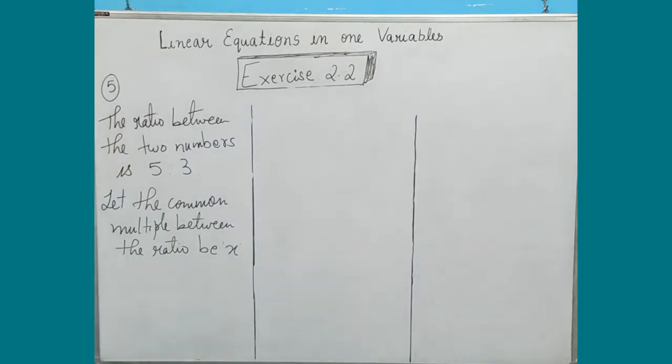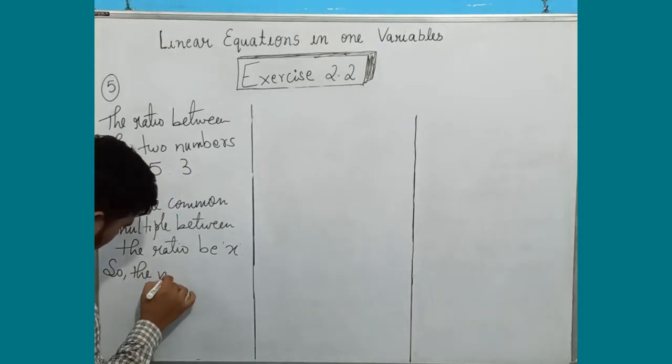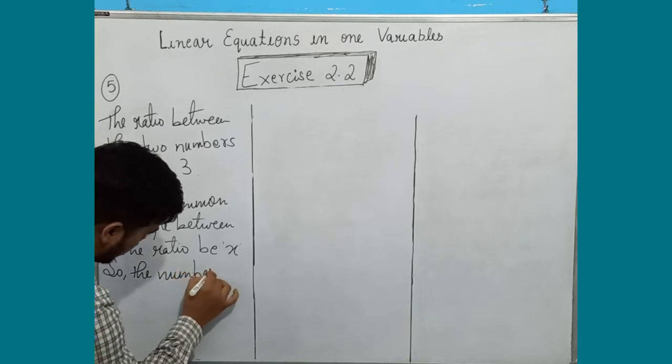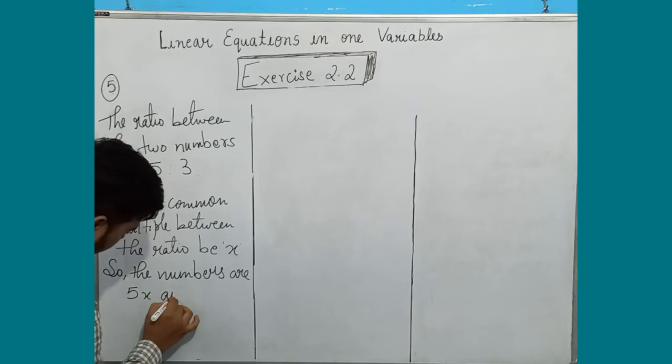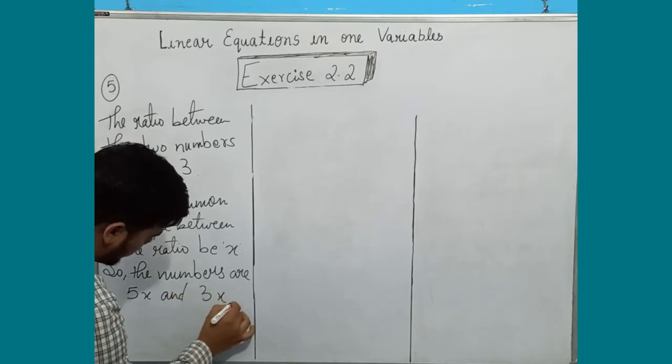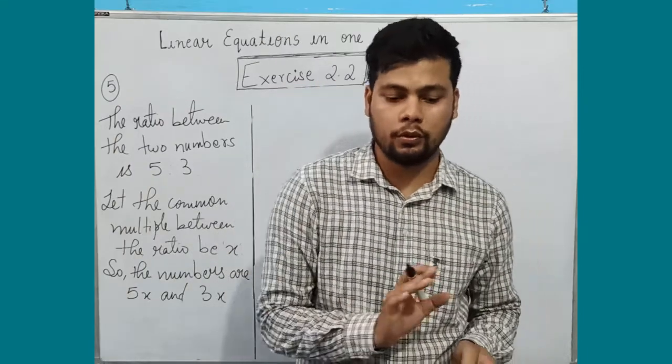Very clearly, okay? So the numbers become 5x and 3x. So the numbers are 5x and 3x. This is how you do any ratio problem which is given to you.